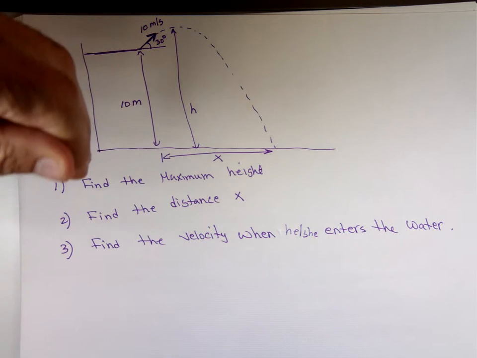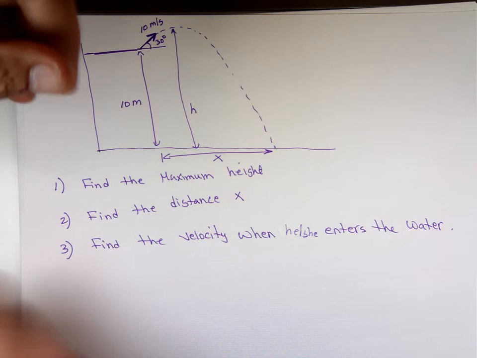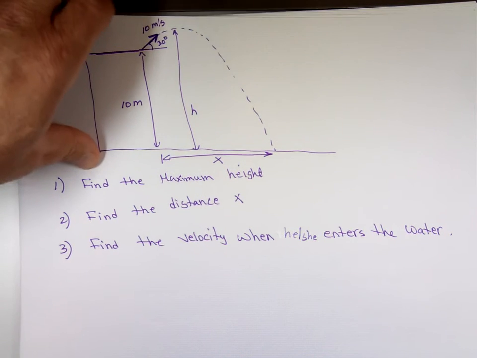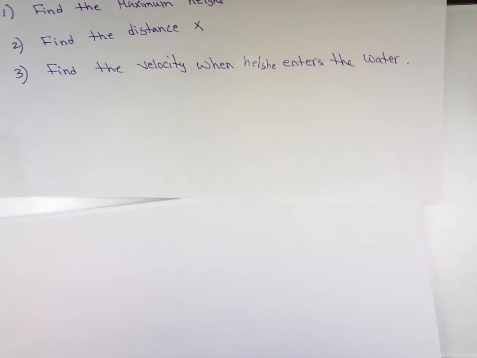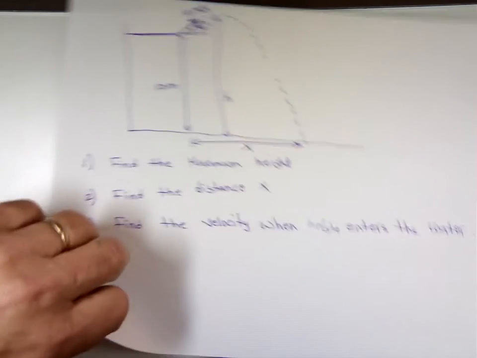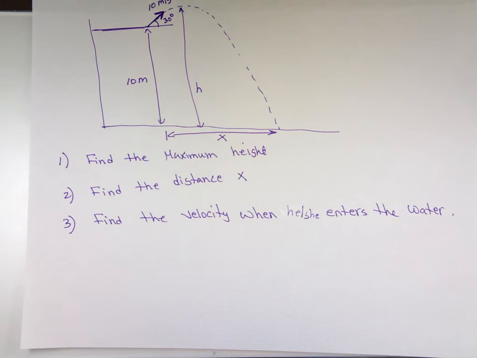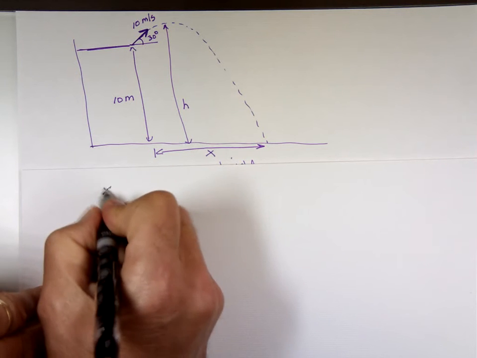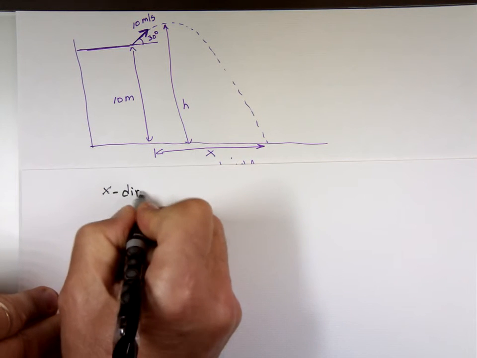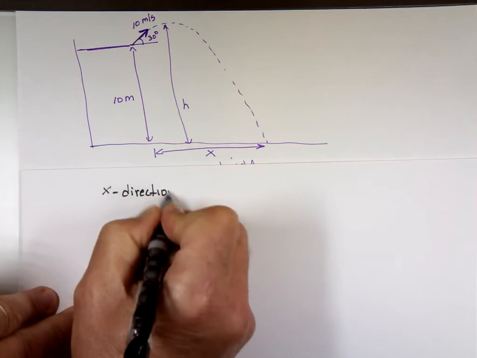Let's write what we know. X direction, Y direction. I have a lot of questions here I'm asking. I'll answer them all. The X direction. And the Y direction.